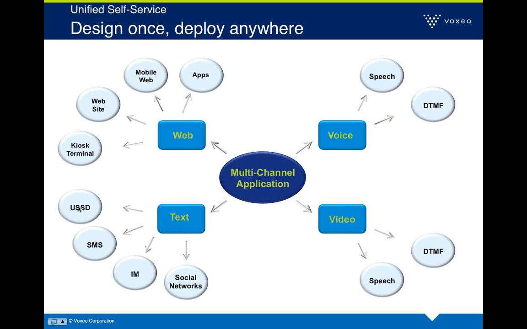Then we support texting. Texting can mean USSD, which is a texting protocol in GSM networks, SMS, instant messaging, and also social networks. And then on the web side, we support mobile web applications that run on a smartphone that has a browser. We can definitely also power full-blown desktop websites, at least those that are more dialogue-oriented. We can then power kiosk terminals for that channel or even smartphone apps.